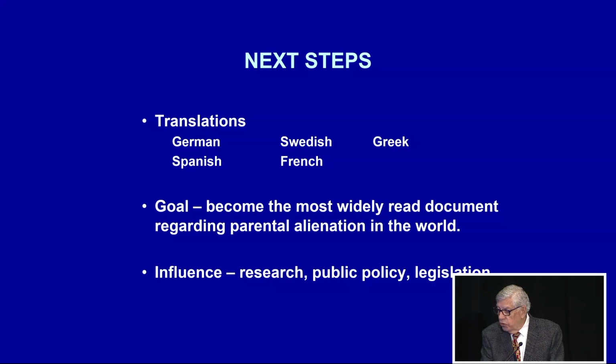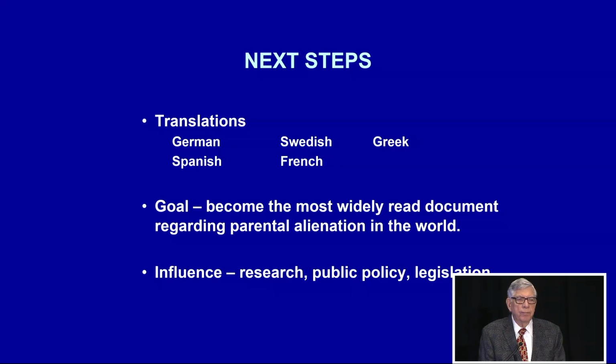We also hope to get some translations done. One's already underway in German. I've heard from the people this week from Finland that they're going to work on it. We hope that the people in Argentina will work on the Spanish one, and so on. And we do have a goal. We want this to be the most widely read document in the world. Do you know what is currently the most widely read book in the world?